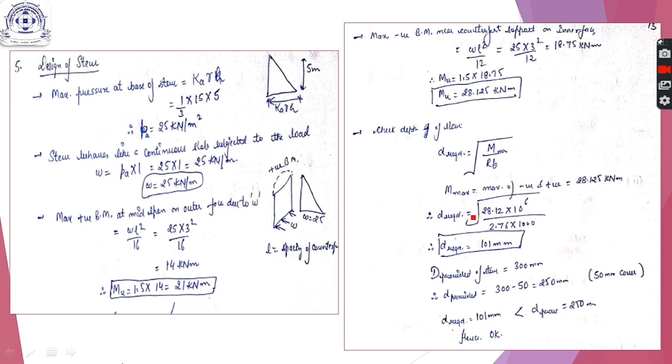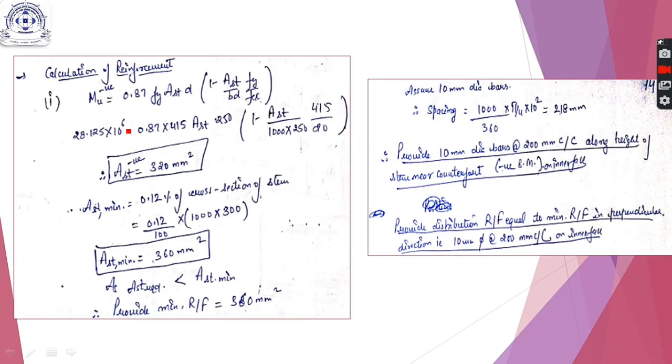So the D required will come out to be 101 mm, and the total thickness we have provided is 0.3 meter, 300 mm. If we assume 50 mm effective cover, then 250 mm is the D provided. So 101 is less than D provided, or 250 mm is greater than the minimum required value, hence our assumption is okay. Now calculation of reinforcement.